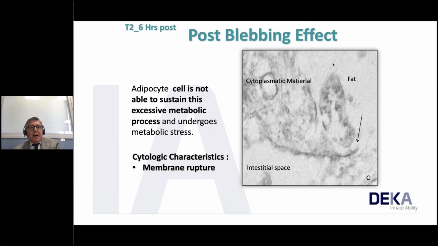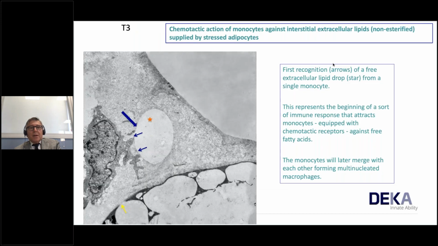And you see that 6 hours post-treatment, the adipocyte is not able to sustain this excessive metabolic process and undergoes metabolic stress with a membrane rupture. This is a very astonishing image, and I want to thank Professor Caligaro for that. It shows a chemotactic action of monocytes against interstitial extracellular lipids, not esterified, supplied by stressed adipocytes.